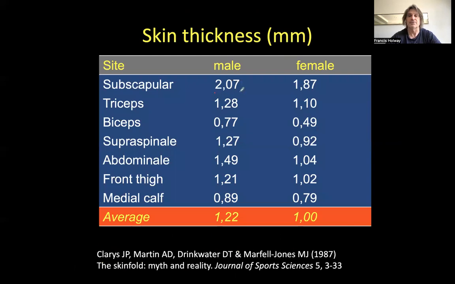So here's the subscapular that has the largest skin thickness, and here is the biceps that has the thinnest skin, and males have on average thicker skin than females. However, when we measure a skin fold, we include the skin and the fat beneath it.